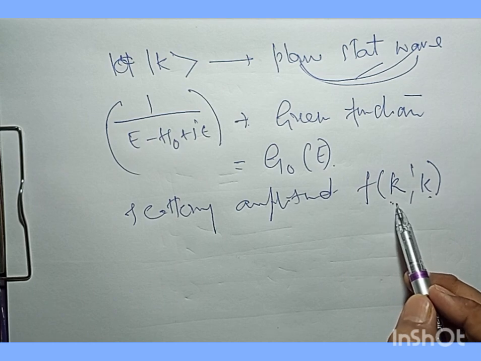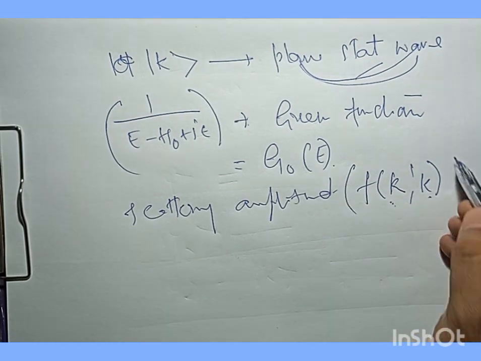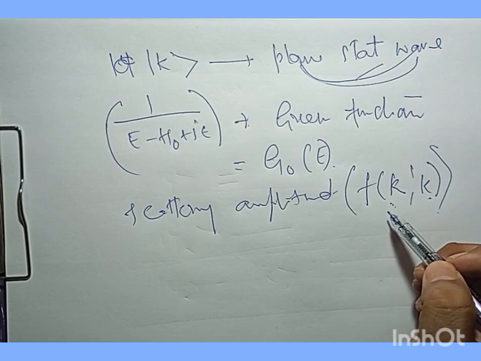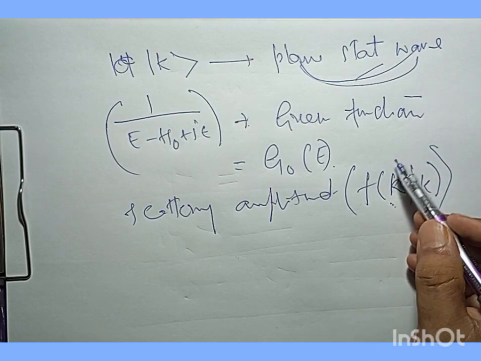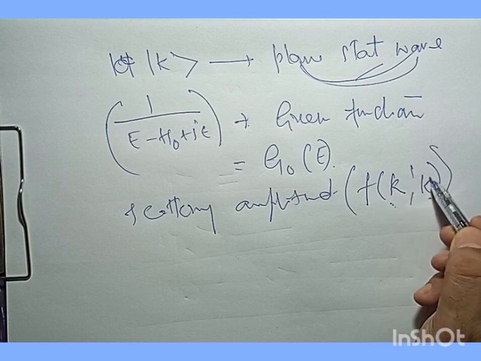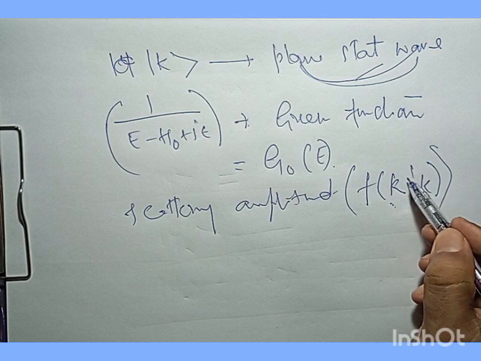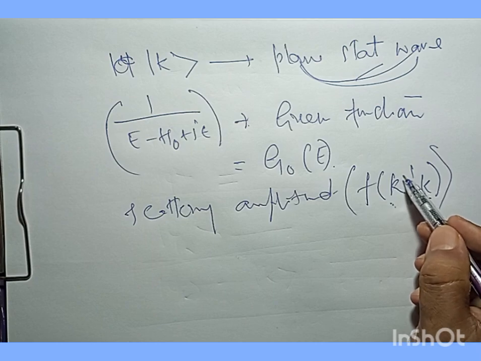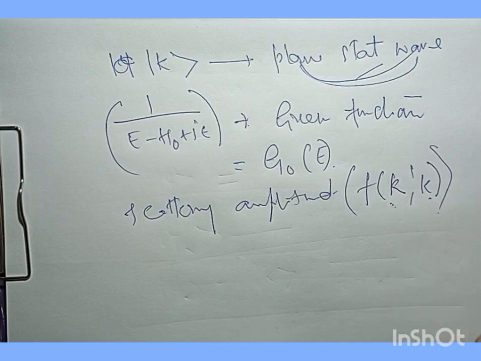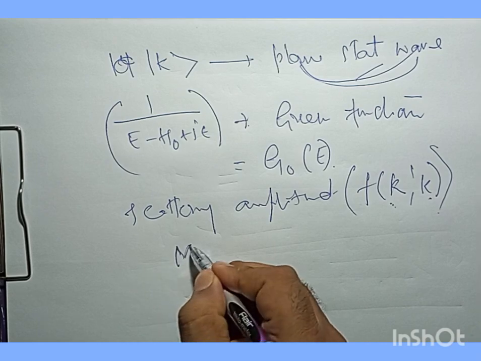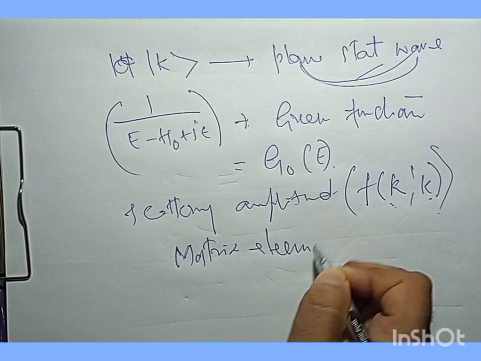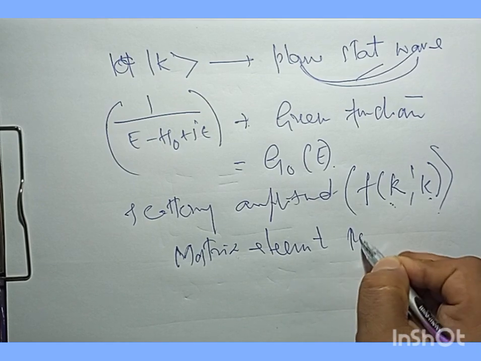And this scattering amplitude is given by the matrix element of the potential.